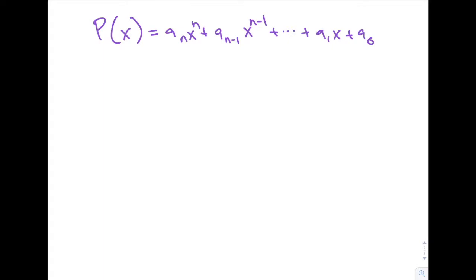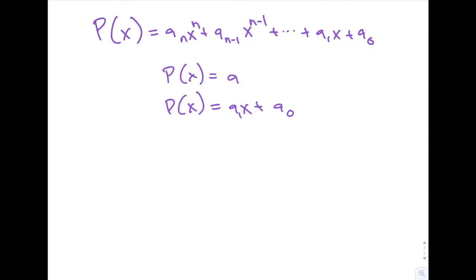We know what p of x equals a looks like. That's just a line, specifically a horizontal line. And we know what a graph that looks like p of x equals a1x plus a0 looks like. That's a line with some slope a1.